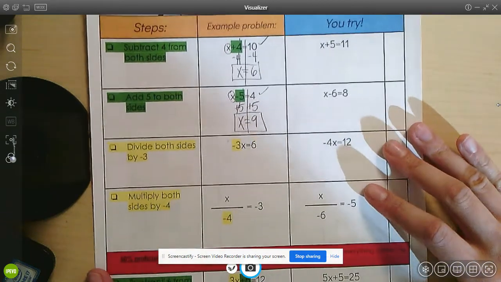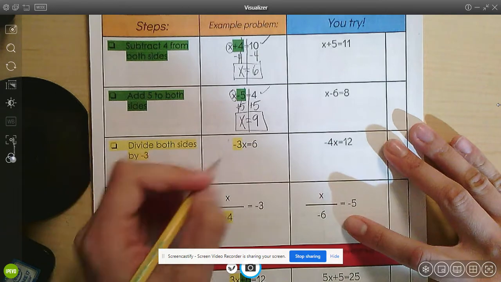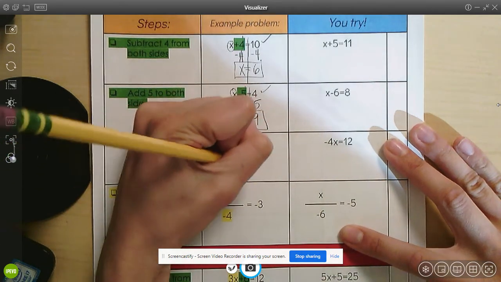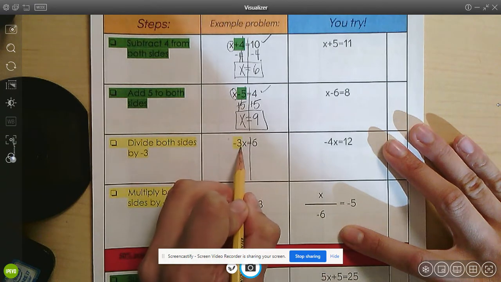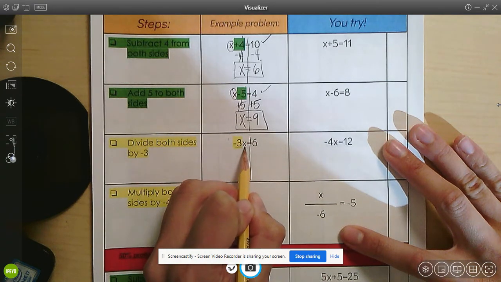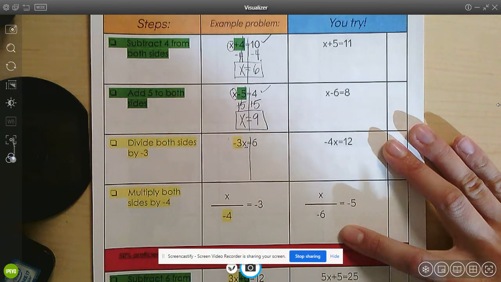All right, question number 3. This says negative 3x equals 6. Step 1, draw a line through the equal sign going all the way down. Now, when we have a coefficient directly next to a variable, that is multiplication. We've learned previously that in order to solve equations, we use inverse operations.